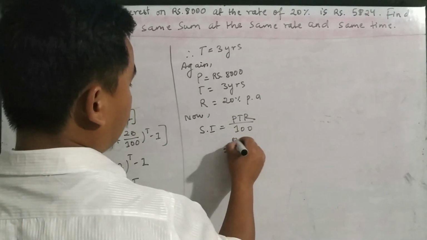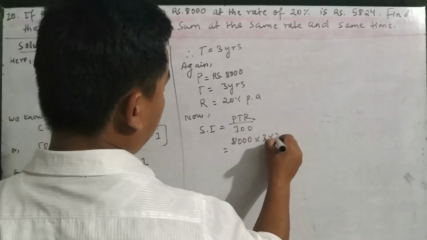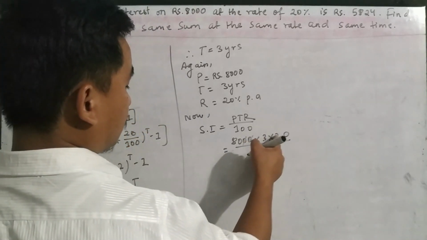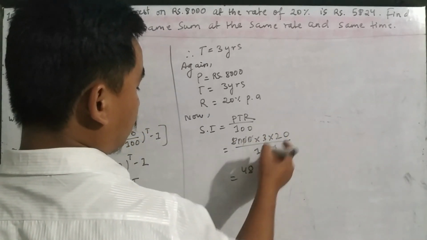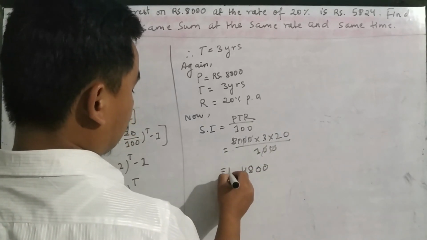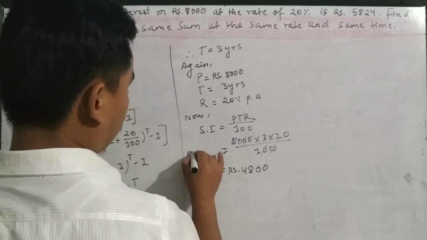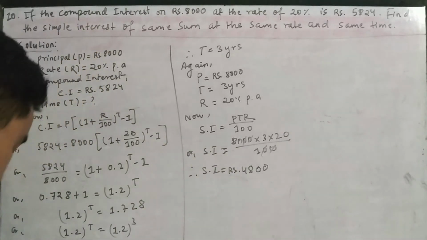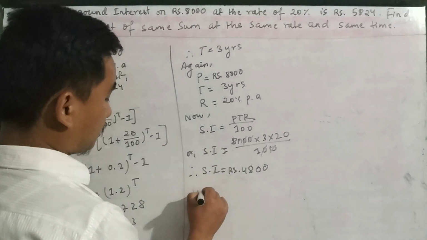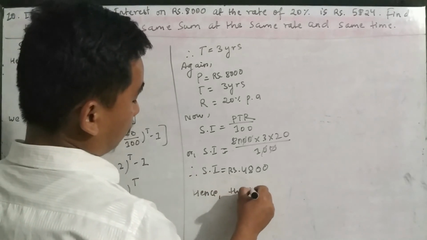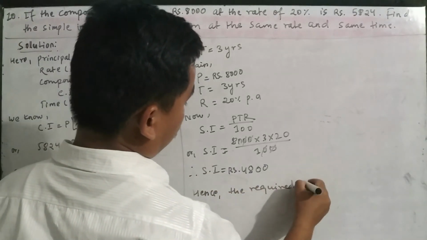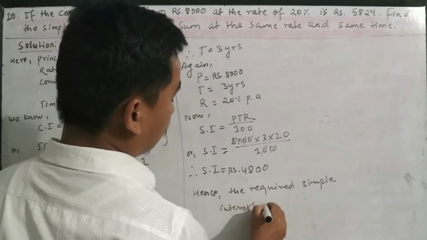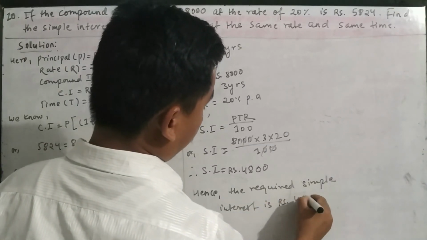That will be 8,000 into 3 into 20 divided by 100. 20 can be cancelled. 3 into 8 is 24, and 24 with 2 zeros. Therefore, the required simple interest is rupees 4,800. Hence, the required simple interest is rupees 4,800.